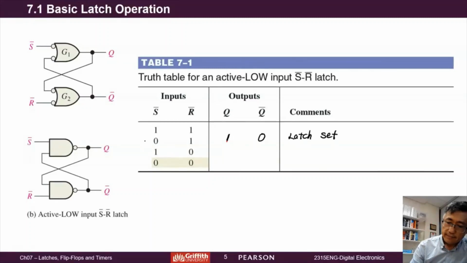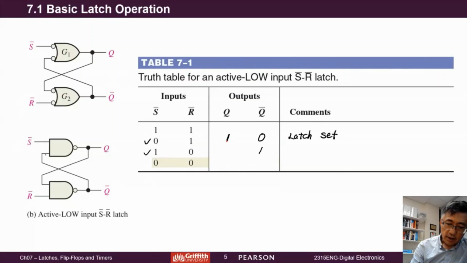Let's think about this one. Okay, this one is finished. How about this one? All right. Let's start from here. This input terminal is 0. Okay. Again, this is a NAND gate. One terminal is 0. Output will be always high. So not Q is high. Okay. Very similar to the last case.